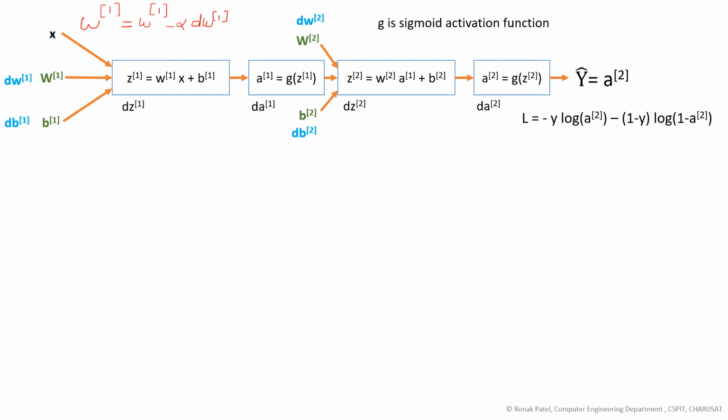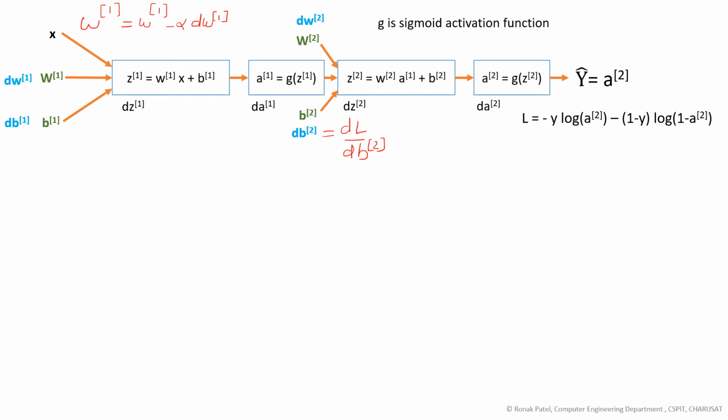If I talk about dB2, it is equivalent to dL upon dB2, the derivative of the loss with respect to the bias going into layer 2, right? Let's see how to find these derivatives.